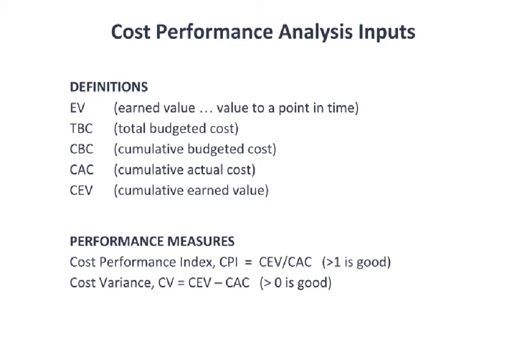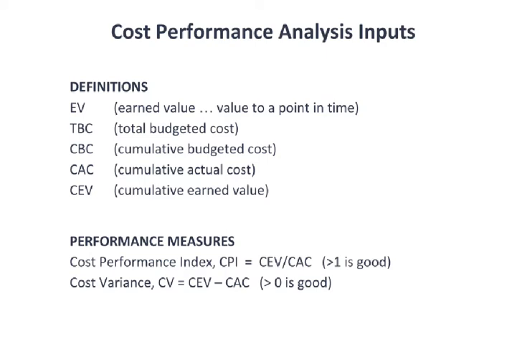Now, how do we use these to make a numeric or quantitative determination of how our project is proceeding? There are two primary ways of doing this that the book discusses. Each is good. They are just two different metrics that measure things a little bit differently, but they're both valid. The first is called the CPI, Cost Performance Index. Very common. You calculate it by taking the cumulative earned value, the CEV, and dividing it by the cumulative actual cost, the CAC.